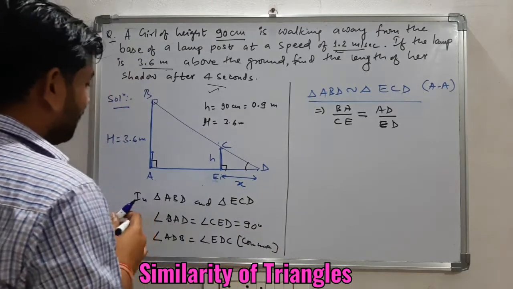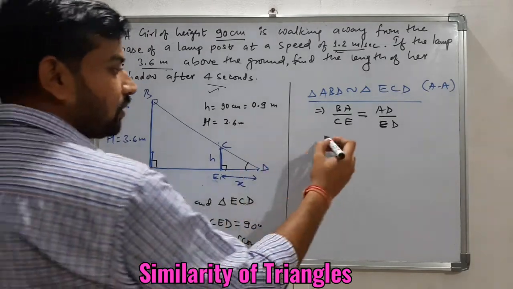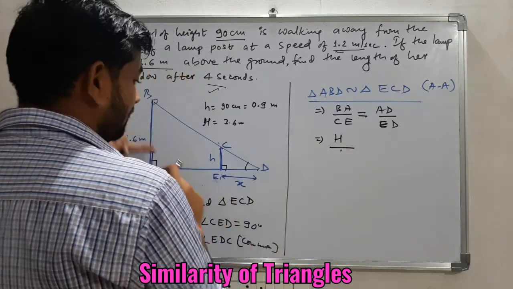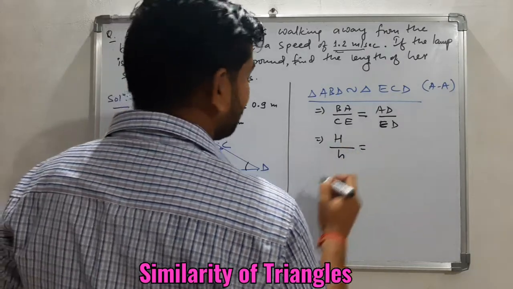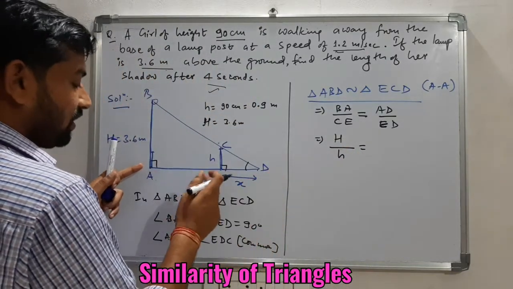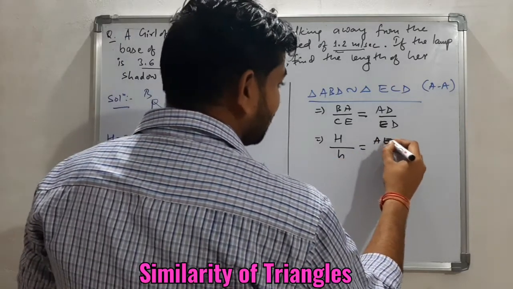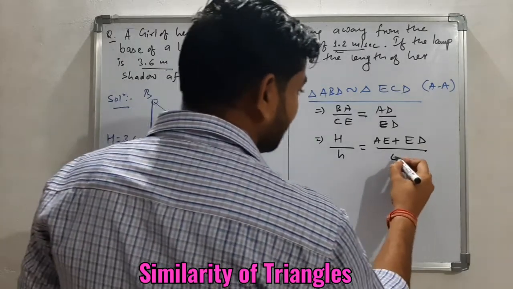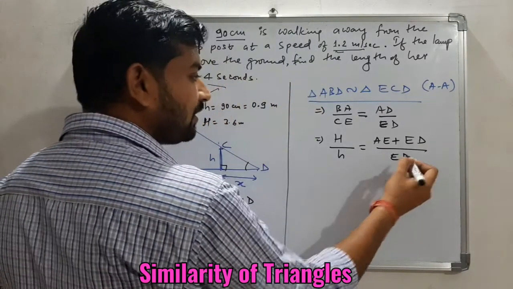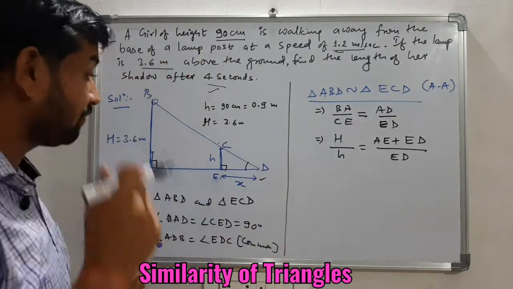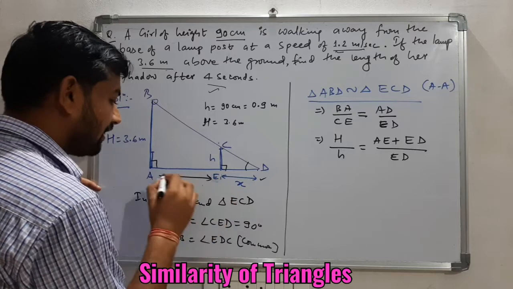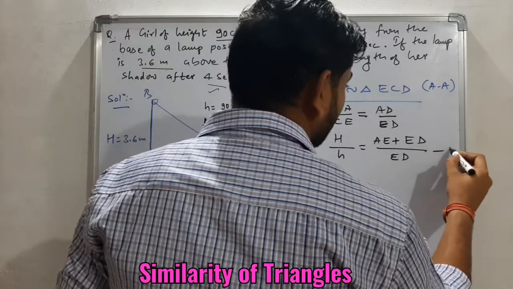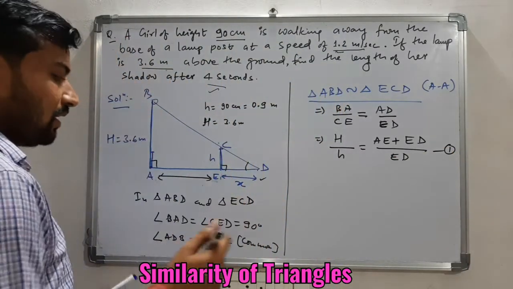So clearly BA is nothing but capital H. So I am writing here capital H upon CE, which is h, height of girl, equals AD, which can be written as AE plus ED, upon ED. Now we want to calculate the value of ED here, which we assumed as x, but the question is of length AE. Now let us come to the length AE here. Let us suppose this is equation 1. We will substitute the values later on.